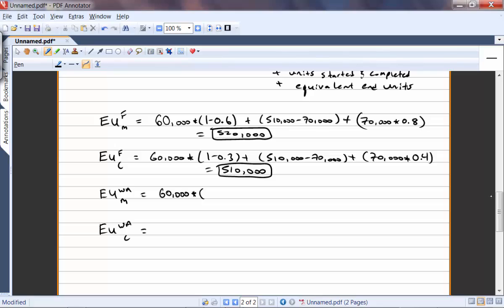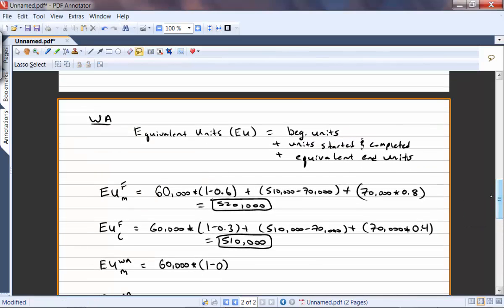Even though we know that each of these 60,000 is 60% done, it tells us that. But weighted average just assumes that they're each 0% done, for simplicity's sake, to simplify the calculations. That means that we are taking these 60,000 and completing all 60,000 of these units. We're taking all 60,000 from 0 to 100% complete, under weighted average.